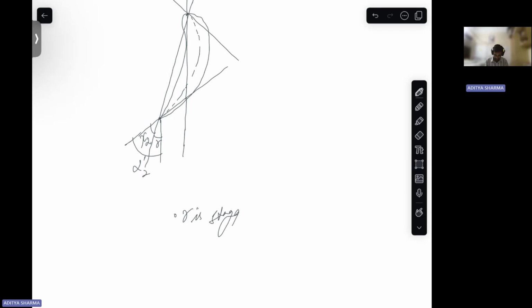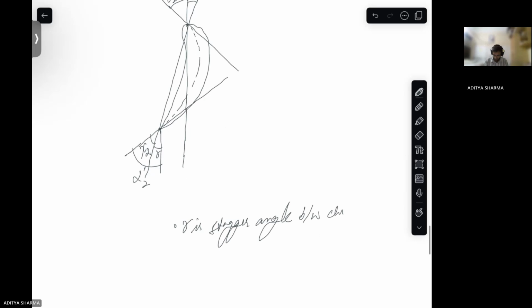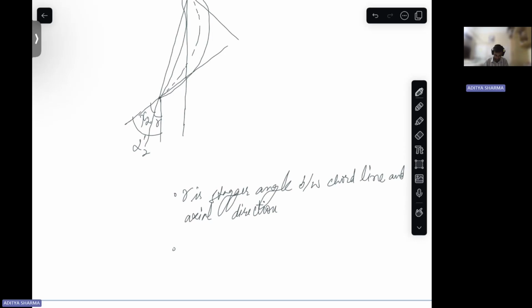Stagger angle is the angle between chord line and the z direction. And for the shot, lead angles.